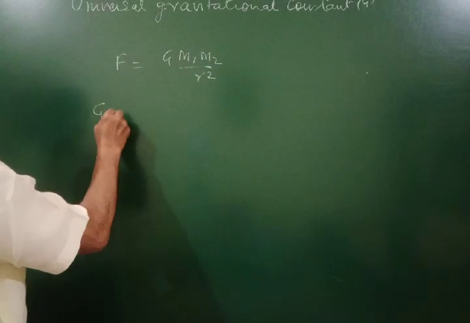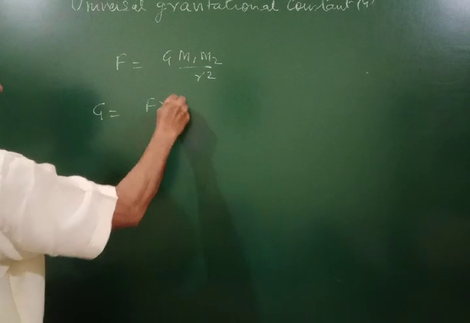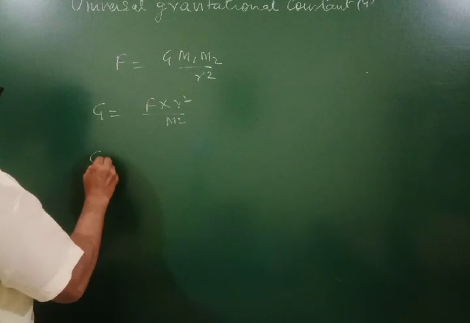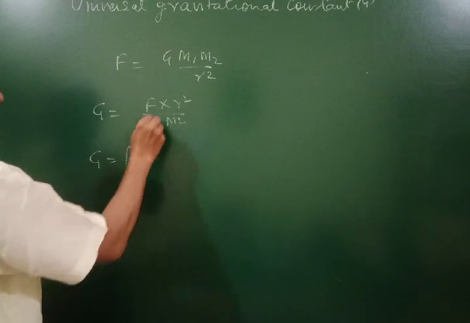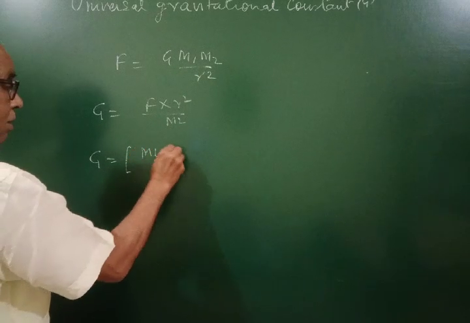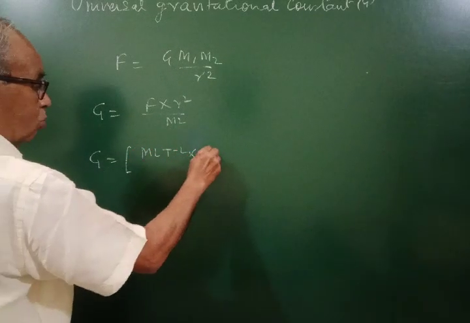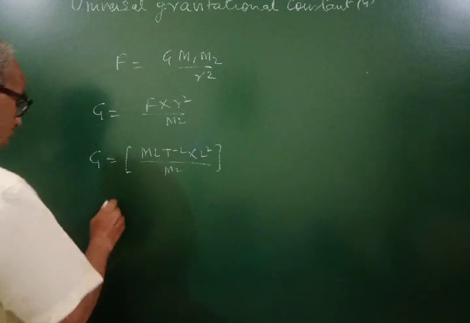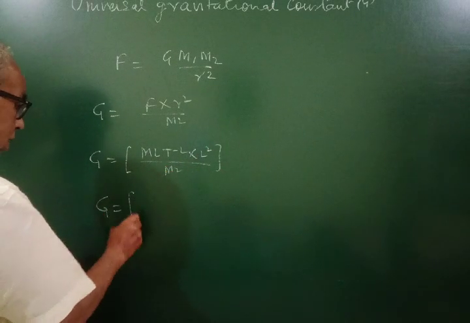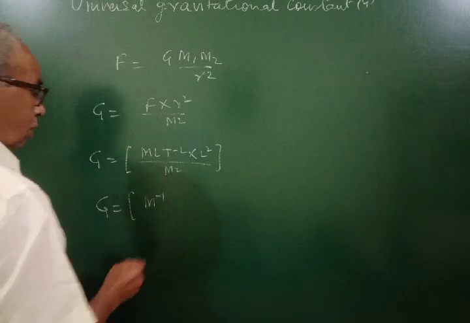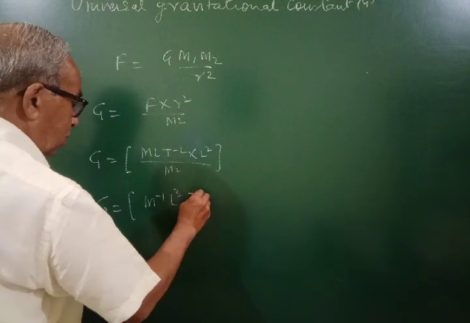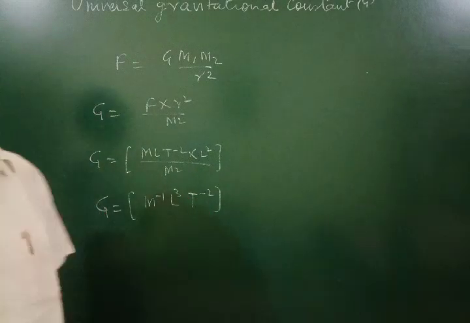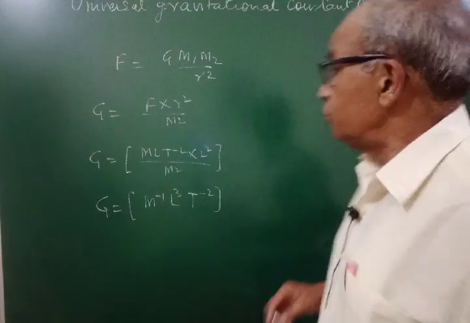So dimensionally it is F into r square upon m square, and hence the dimension formula is MLT^-2 into L square upon M square, and so G comes out to be M^-1 L^3 T^-2. This is the dimension formula for capital G.